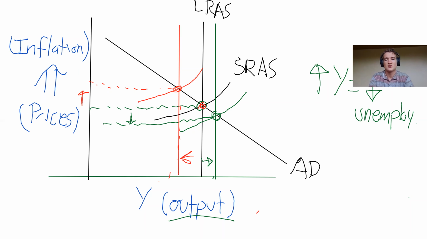So we have a rise in unemployment and a rise in prices. So it should be pretty obvious that it's the inverse of what I wrote in green here. So decrease in Y equals increase in unemployment, and that was associated with an increase in price.